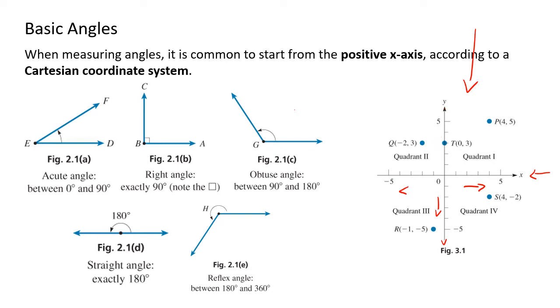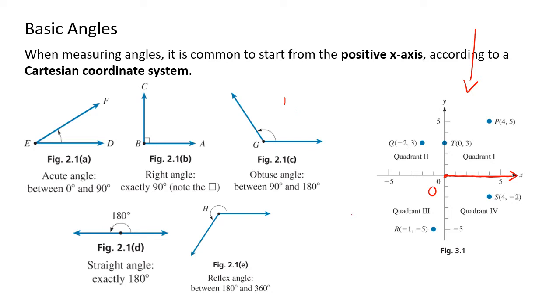Now, when we're calculating angles, your starting point is always the positive x-axis, and typically your vertex is the actual point in the center. This is known as the origin. If you draw a line right here, that angle would be 0 degrees.